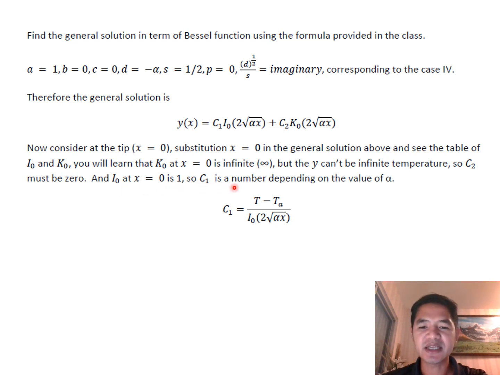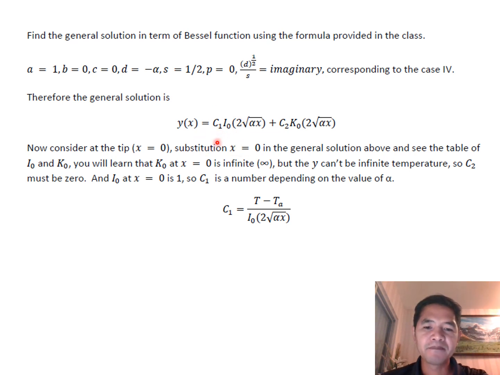So c1 is a number depending on the value of alpha, so we have to keep c1. The final solution is y of x equal to c1, which is just going to be a number. We have to have a boundary condition to solve this.